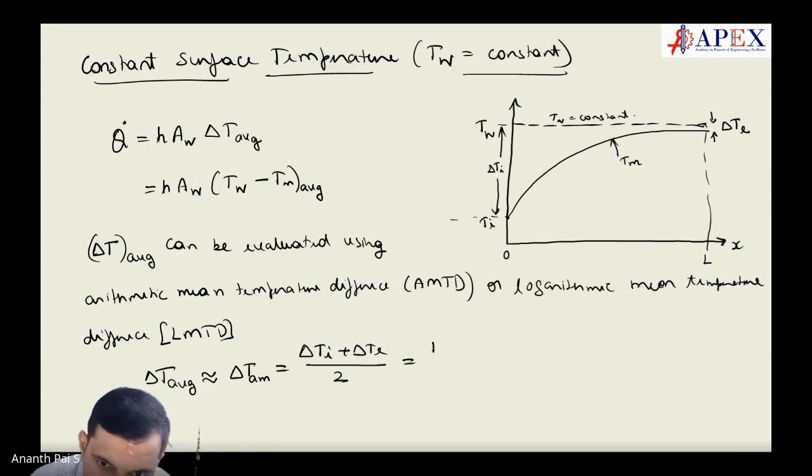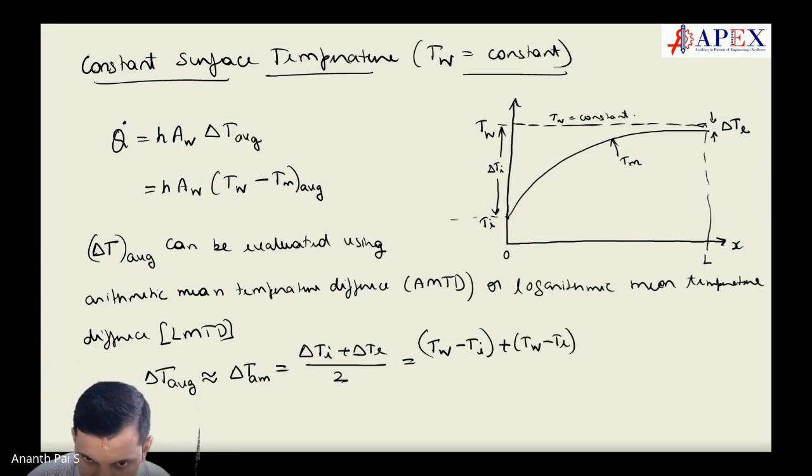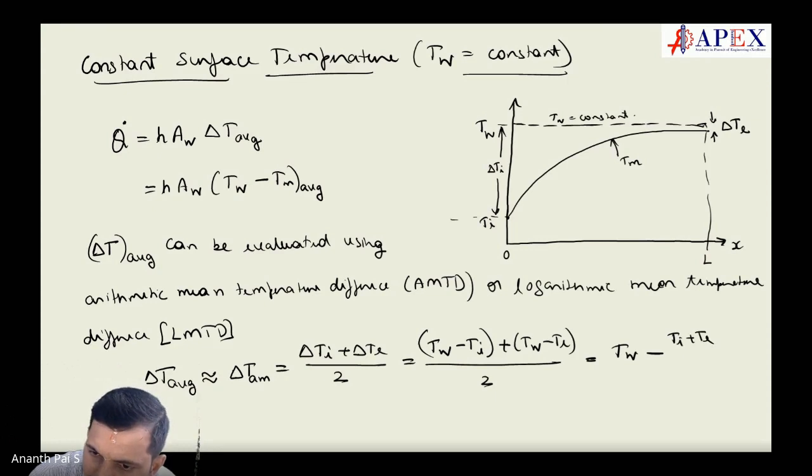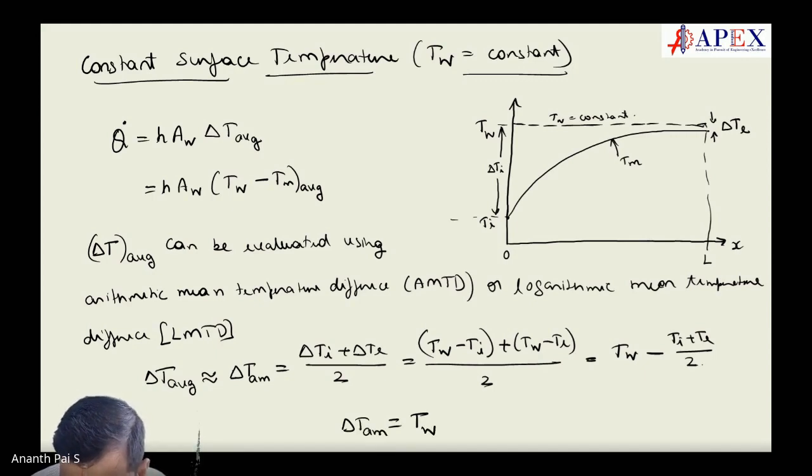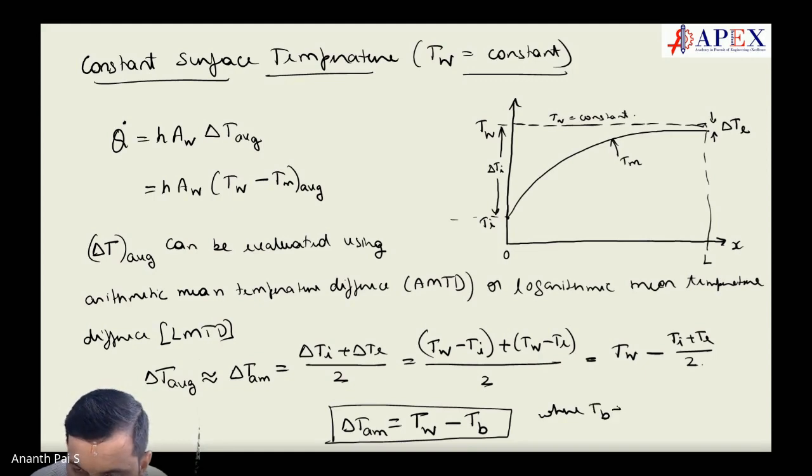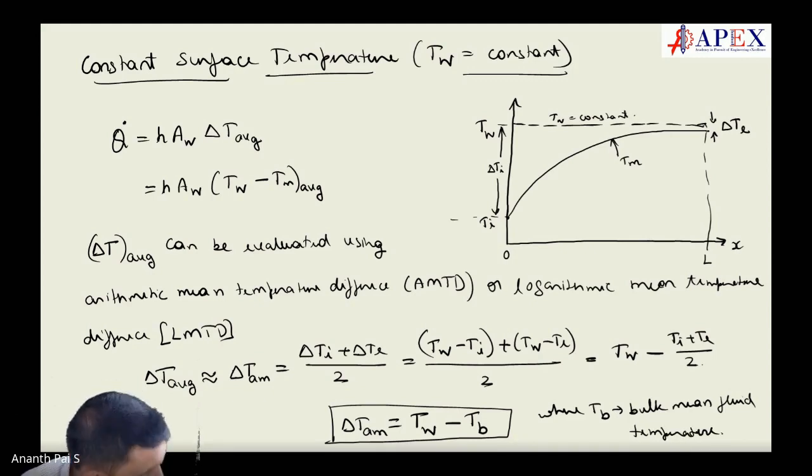This can also be written as Tw minus Ti plus Tw minus Te divided by 2, which further can be written as Tw minus Ti plus Te divided by 2. This is actually equal to Tw minus Tb, where Tb is the bulk mean fluid temperature. This is the arithmetic mean, which is approximate, it is not actual.